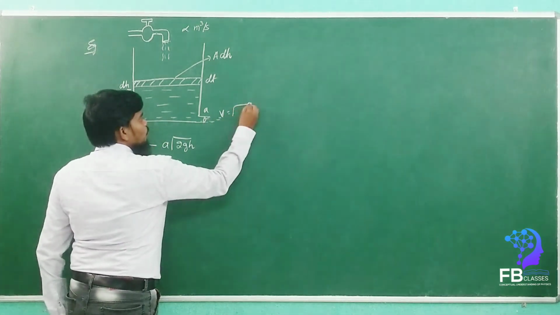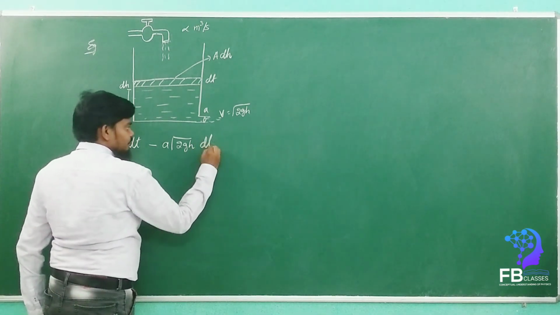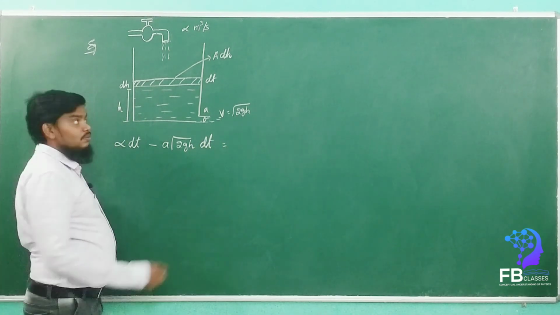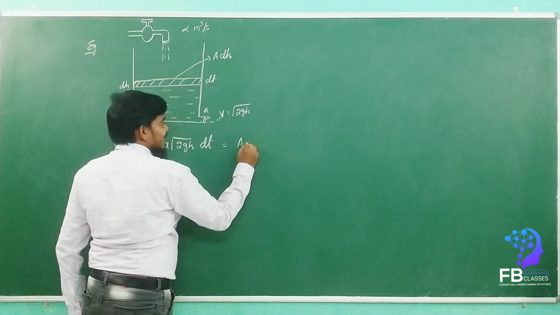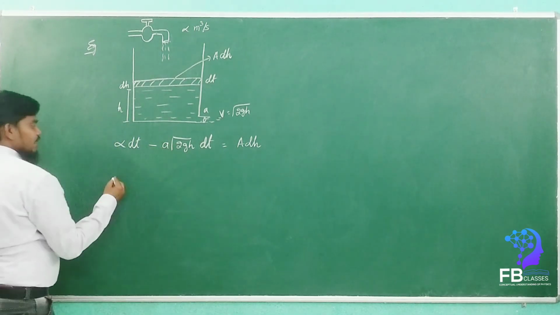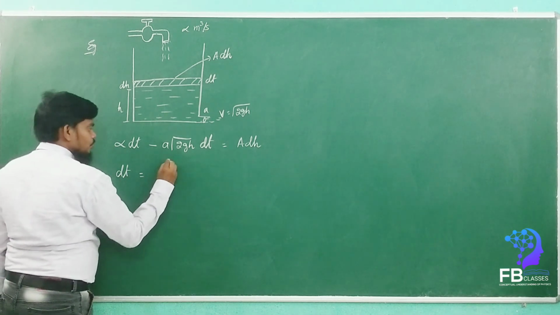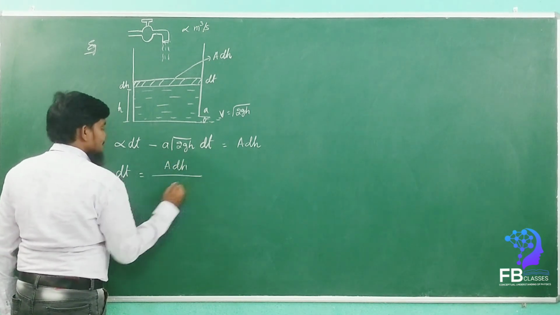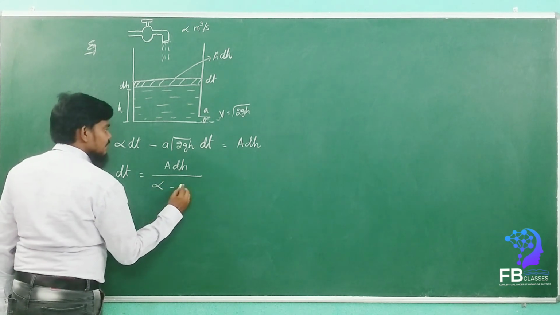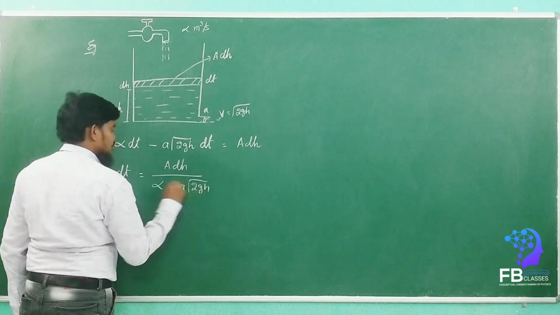Velocity root 2gh into dt is equal to a dh. Got it? So take dt common here. So dt is equal to a dh by alpha minus a root 2gh.